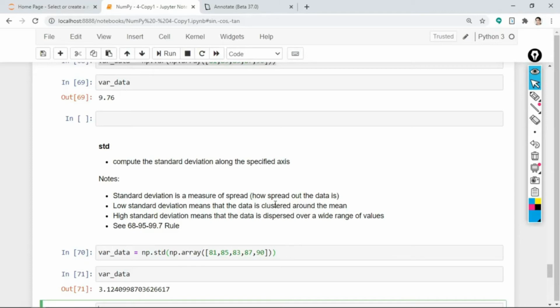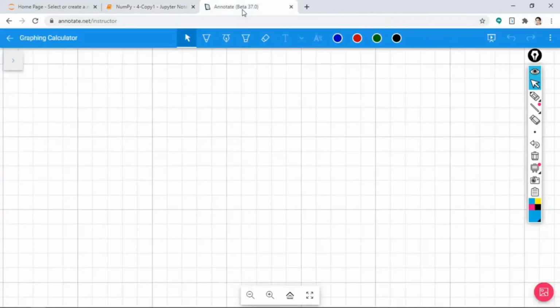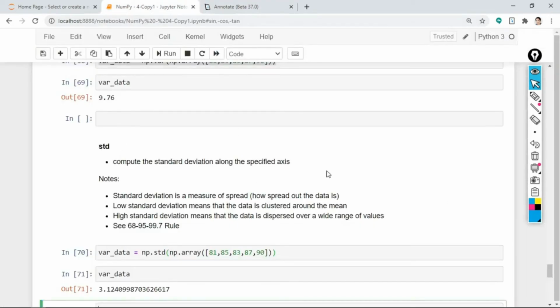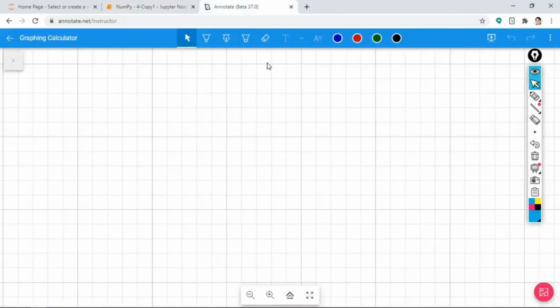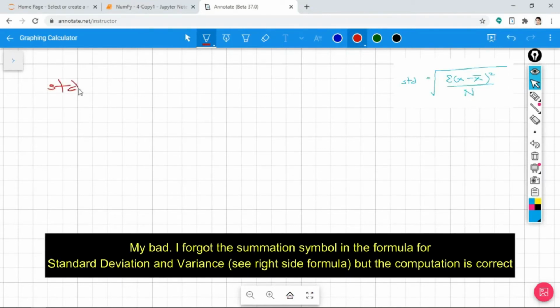If you remember, so the formula for the standard deviation, let me see. So maybe I write this here. Okay, so if you remember, the formula for the standard deviation, S, for example STD, is just the equivalent of the square root of the x minus the mean value, squared, over n.